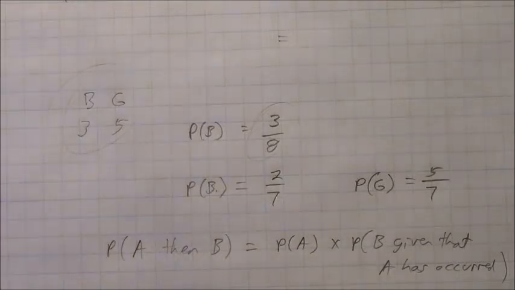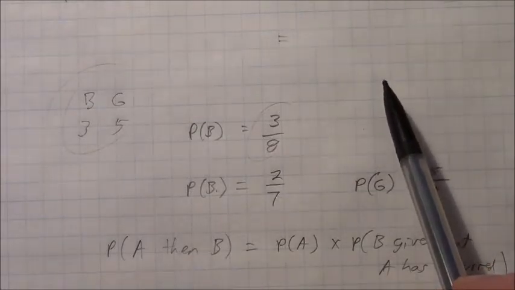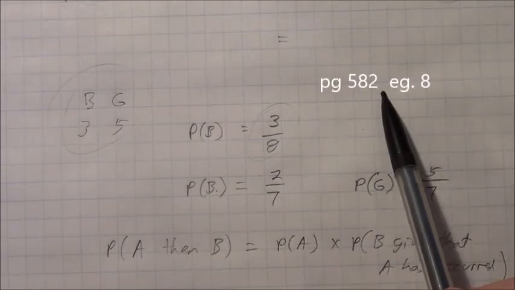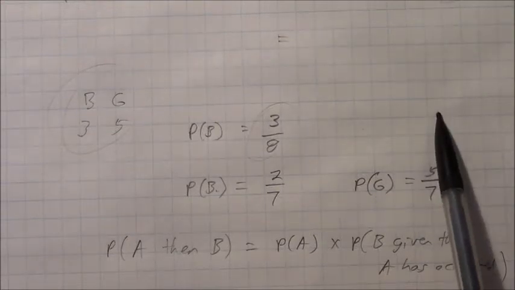So, before we look at our examples tomorrow, I would suggest that you look at example 8 from page 582. Then look at examples 1 to 6 from page 583.